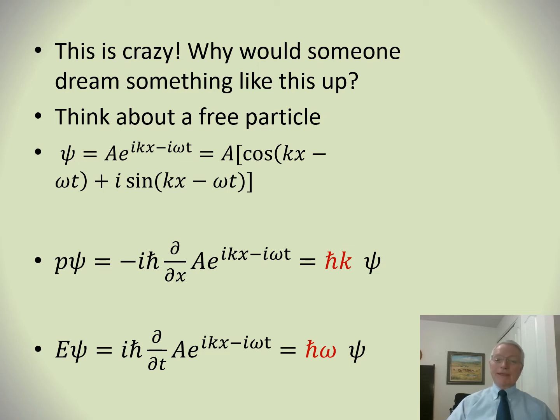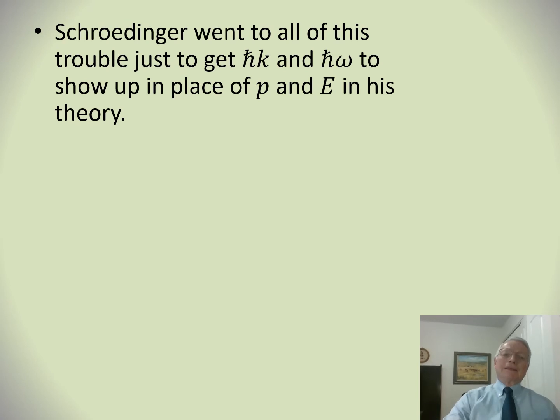And h bar omega is the energy in the Einstein Planck de Broglie picture. So he got these wave-like quantities of quantum mechanics to show up by doing this funny stuff, even though it kind of made no sense. So Schrödinger went to all this trouble just to get h bar k and h bar omega to show up in place of p and e in his theory.